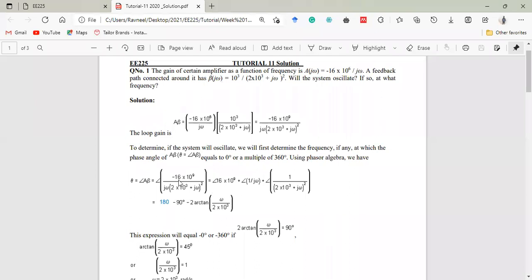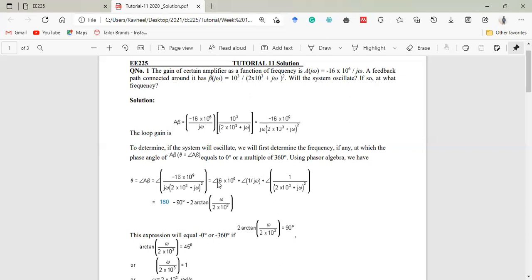So negative 16 times 10 to the power of 9 times 1 upon j omega times 1 upon 2 times 10 to the power of 3 plus j omega, whole thing squared, is equivalent to this. Once we have separated the angle parts, we can find the angle at the numerator and the denominators. We have simplified it using the polar properties.